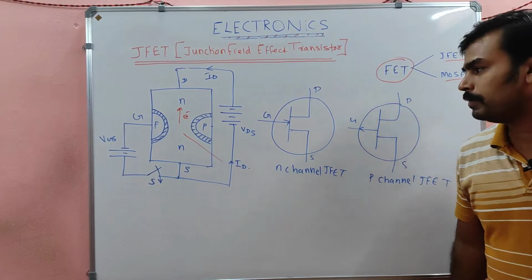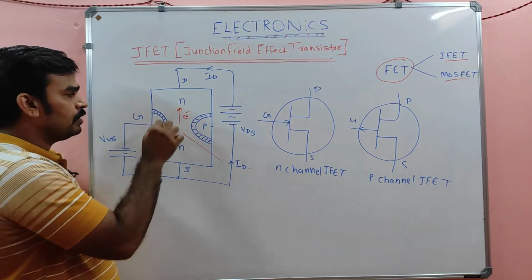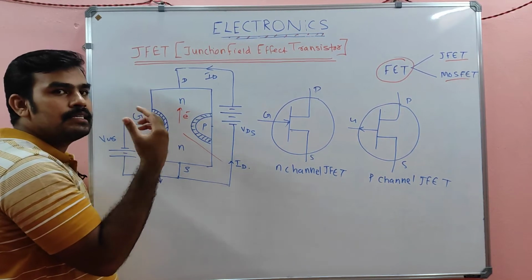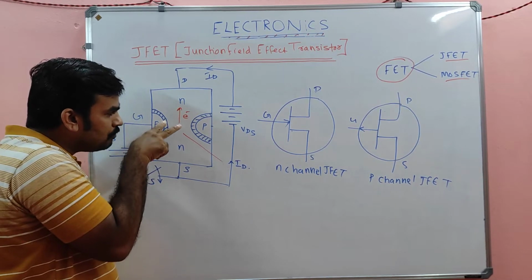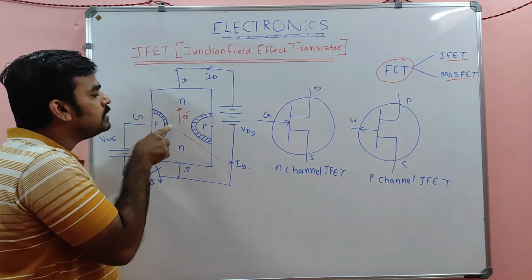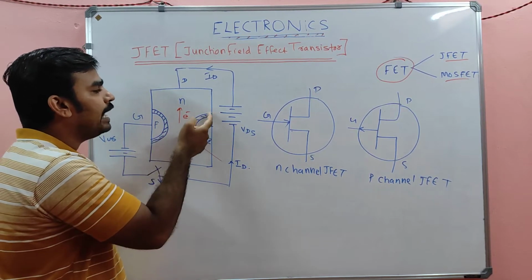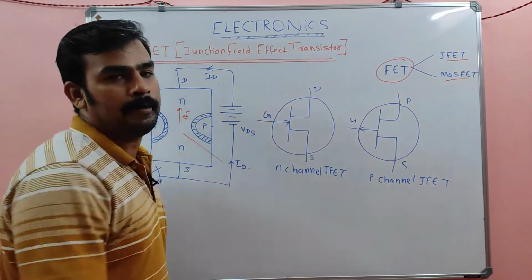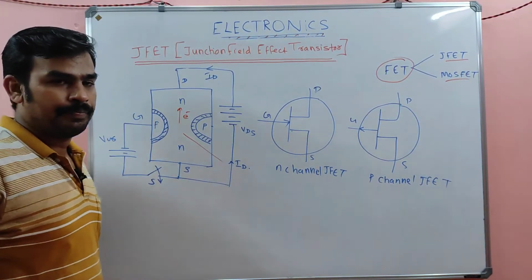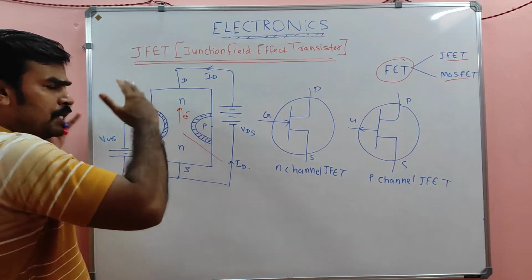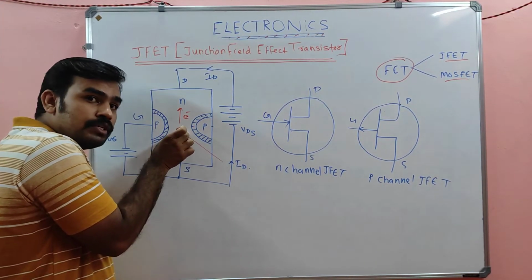So what happened? The reverse biased depletion layer will expand, not towards P, but towards N. Compared to the previous case, now the width of the channel got reduced.